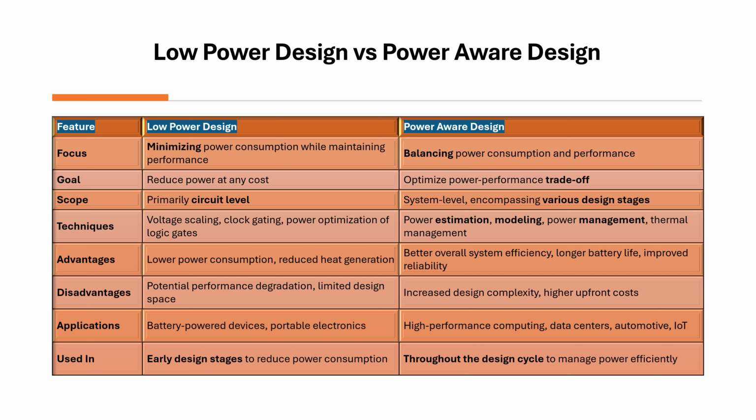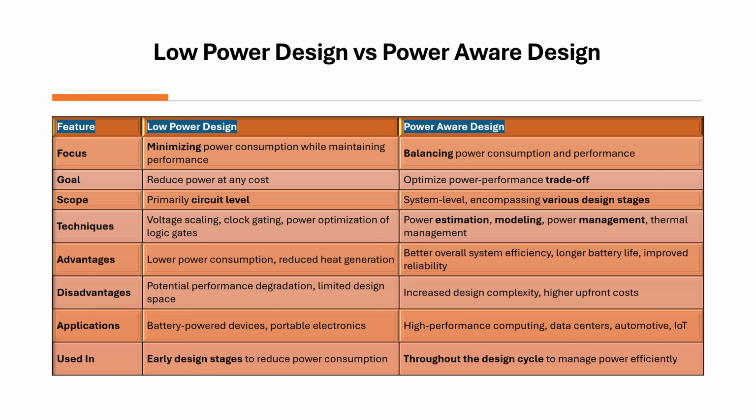Low power design mainly happens at circuit level, whereas power aware design happens at system level, but also across the stages of design. Voltage scaling, clock gating, power optimization are some of the techniques in low power design, whereas power aware design involves power estimation, modeling, power management, thermal management.